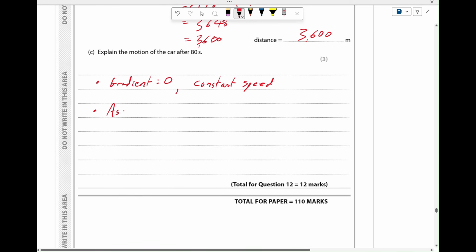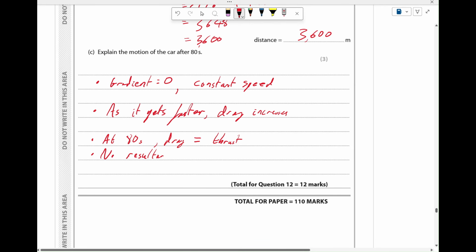So as it gets faster, the drag increases, and at 80 seconds, the drag is equal to the thrust, the driving force. Okay, so there's no resultant force. F equals ma, so no acceleration.